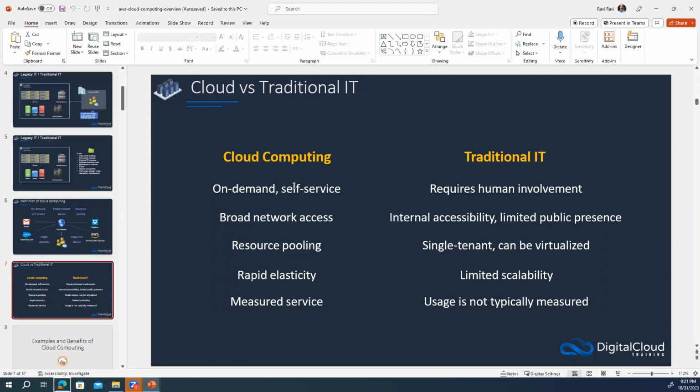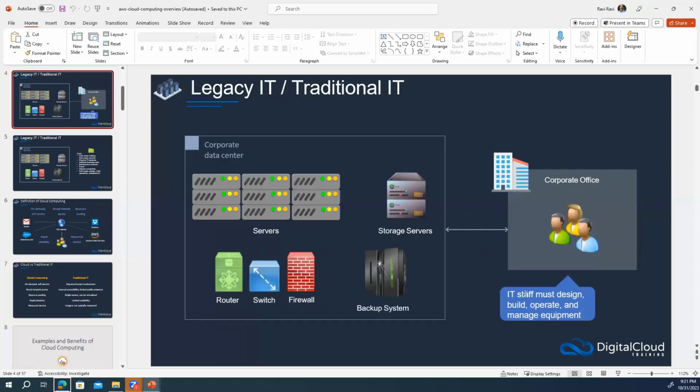And self-service. In the traditional IT setup, there should be some IT staff. If you don't have the IT staff, your work cannot be done on that particular day. You have to request, they need to get the approval, they need to purchase something, and then get it. They need to configure, test, and then they will tell you. All this process takes so much time to give you that product.